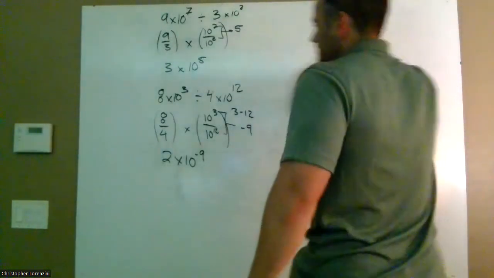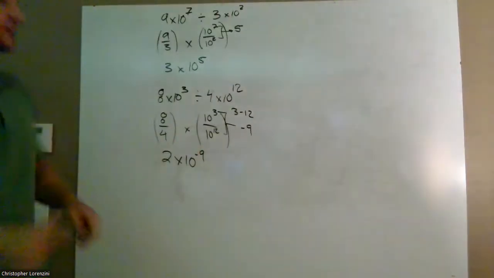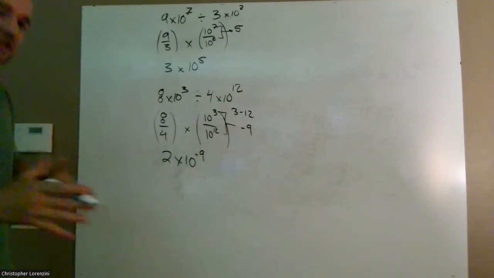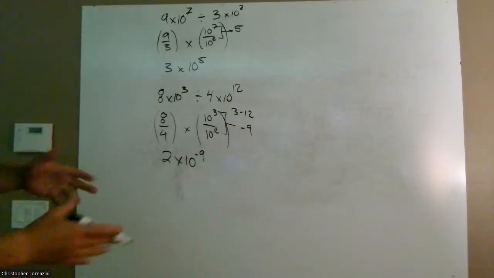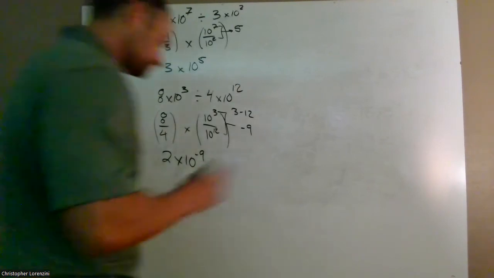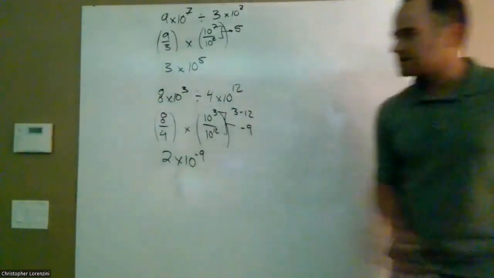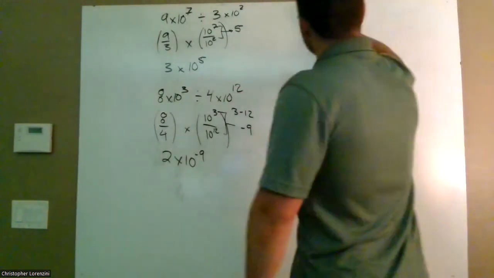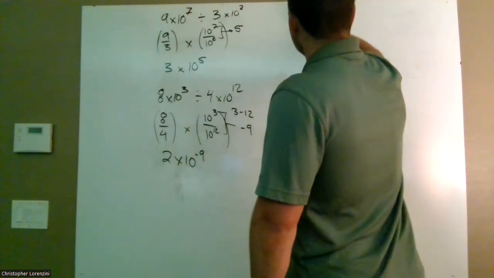Don't be concerned if that shows up. Those are the rules. And sometimes we have negative exponents in there, positive exponents. We just need to know how to deal with the addition and subtraction of positive and negative integers if they show up. All right, so just like with multiplication, there is a caveat to this.